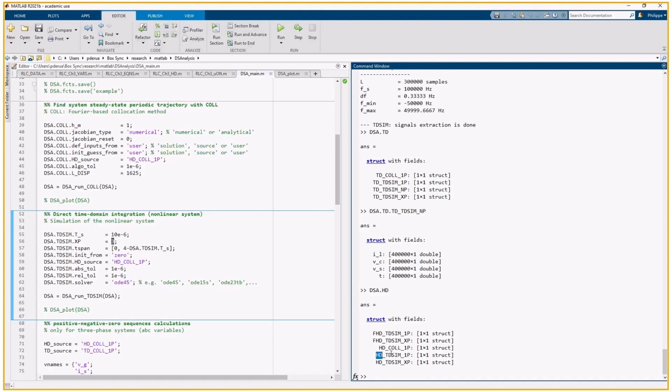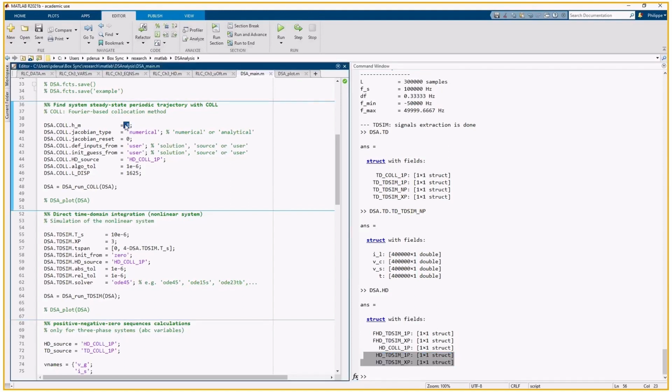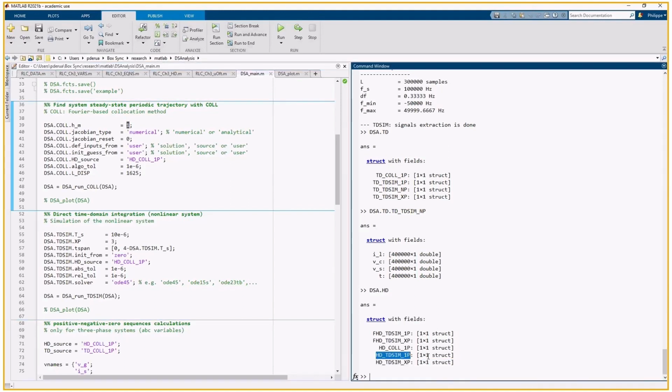This is the harmonic domain data from the last fundamental period, and the harmonic data from the last 3 fundamental periods. These ones are defined up to the maximum harmonic rank, which we had set to 1.